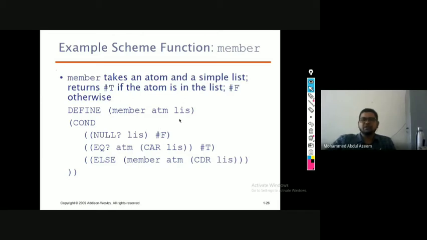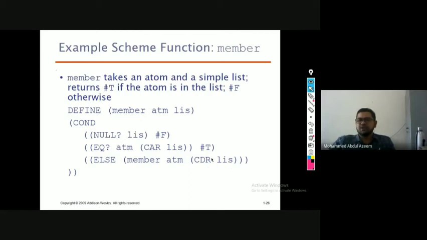So again, you are going to check whether the list is null, or if not, then you take the first element of the remainder list and compare it with the atom. If so, then it returns true. Otherwise, you are further reducing it, right, to take the further remainder part of that particular list, because you have compared the head of the list, and the head of the remainder part also you have compared.